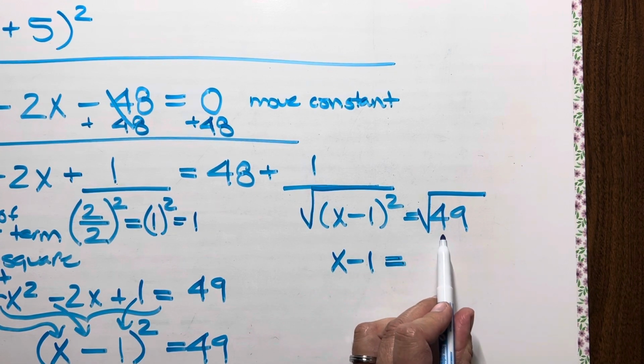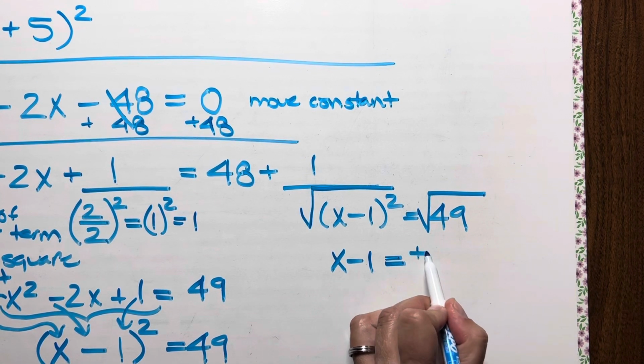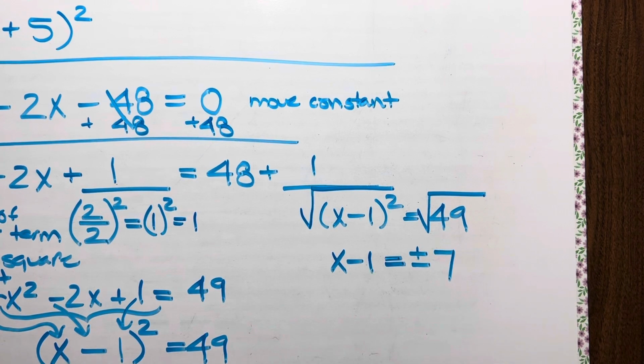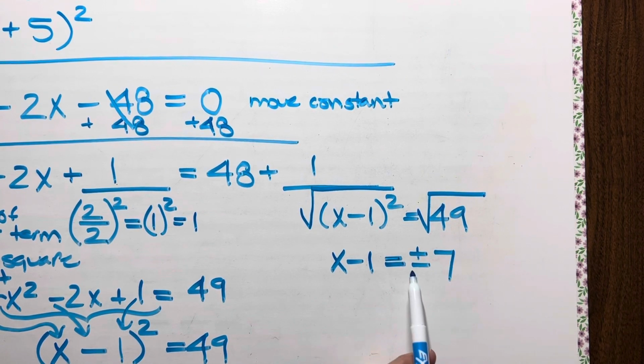Now, over here, this is a little tricky, especially if you have not already done the quadratic formula in your math class. But for now, take it on faith that we need to do a positive and a negative value for whatever we're taking the square root of here. So I have a plus 7, or it could be a negative 7.